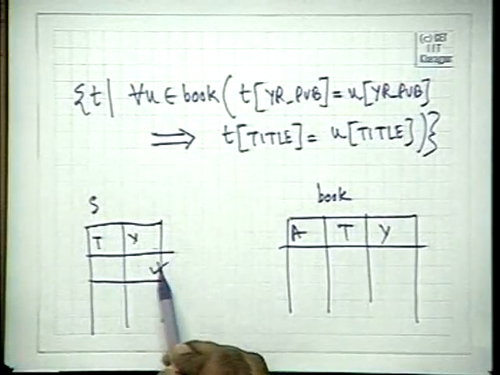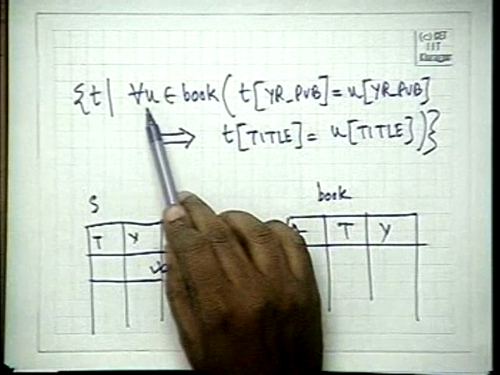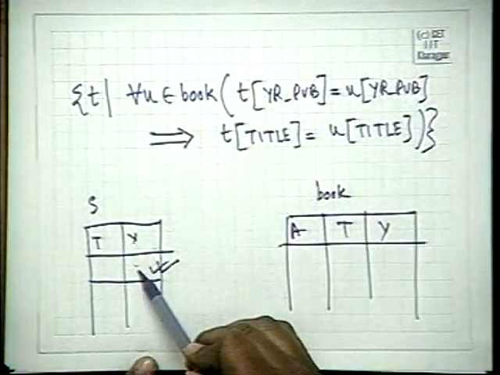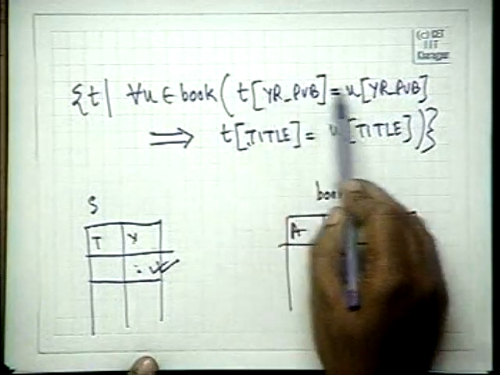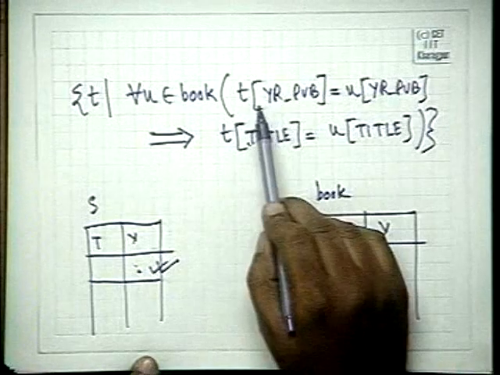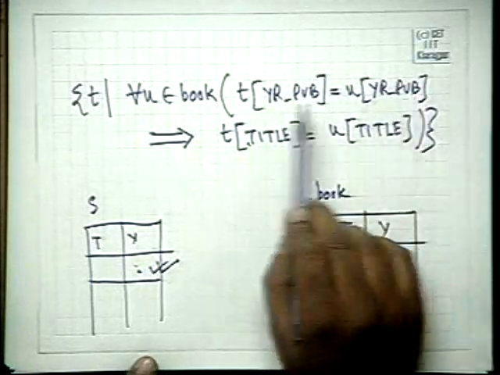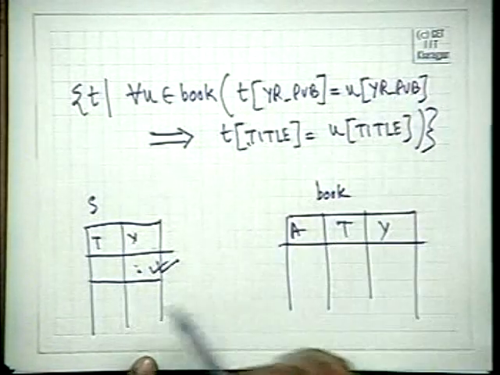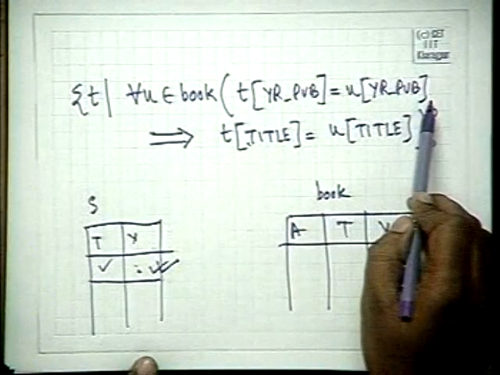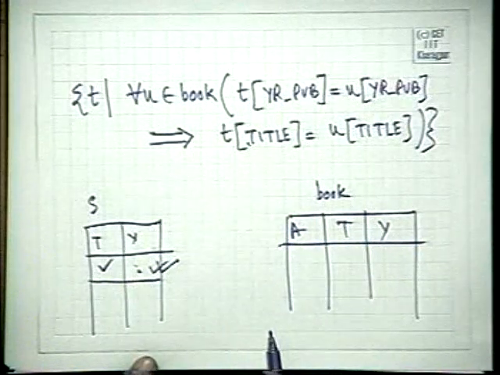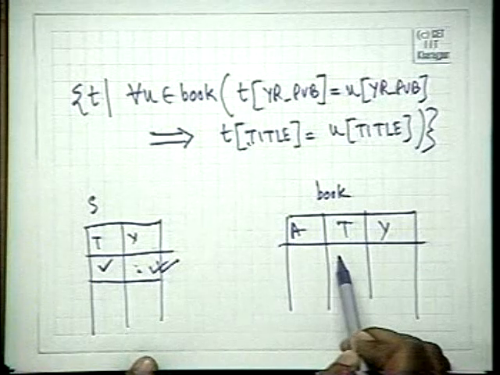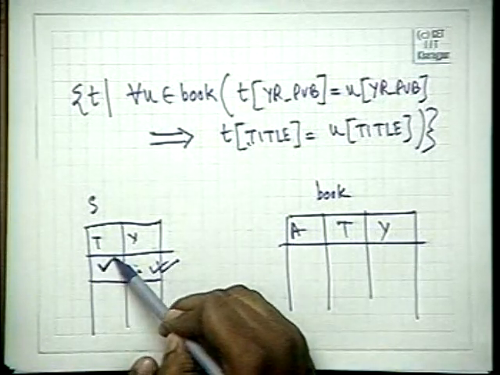For any tuple here, it means that for all tuples in books, if this matches, then, if this does not match, it's okay, it is satisfied automatically. It means that if the year of publication is same, then the title should be same.